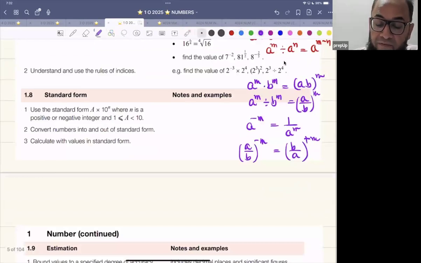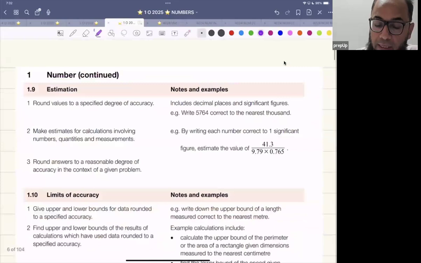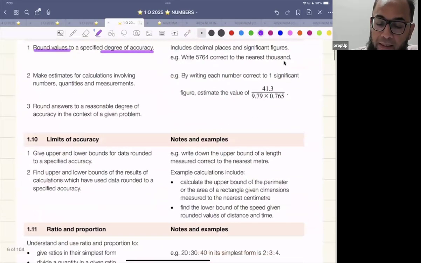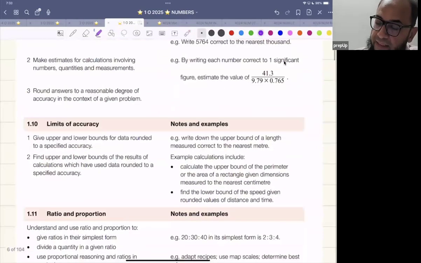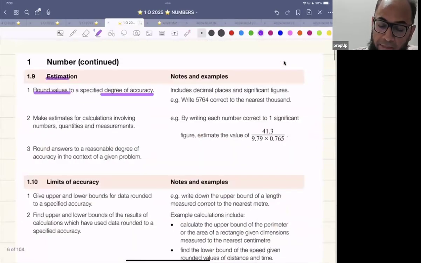Standard form, something very important. Estimation: round values to a specified degree of accuracy. This is estimation and limits of accuracy, that is upper bound, lower bound. Let me go back to estimation first. Round values to a specified degree of accuracy, including decimal places and significant figures.